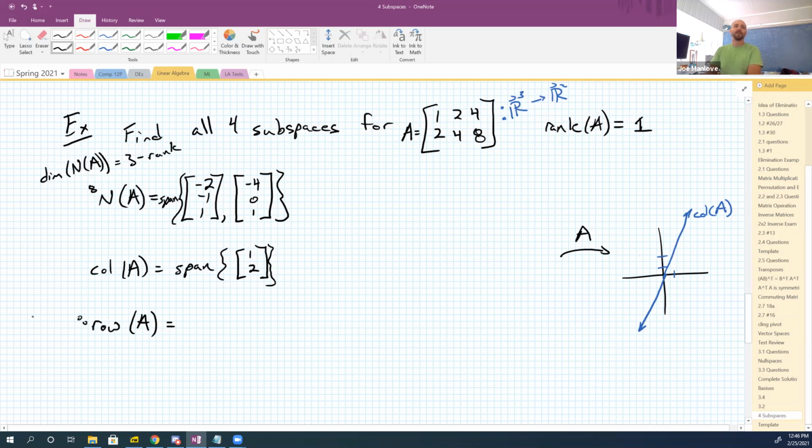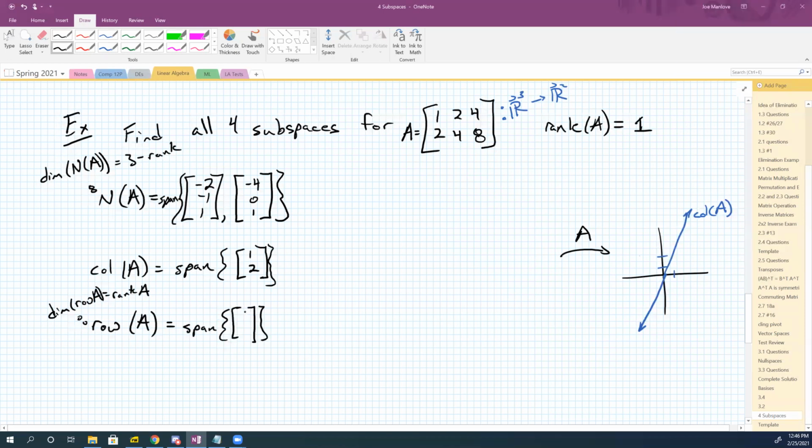So for the row space, I'm expecting that the row space should have dimension the rank of A. Right? It's the number of linearly independent rows or columns. So in this case, what is one of the linearly independent rows? 1, 2, 4. Perfect. Very nice, Karen. 1, 2, 4.